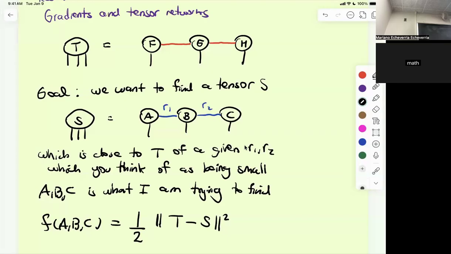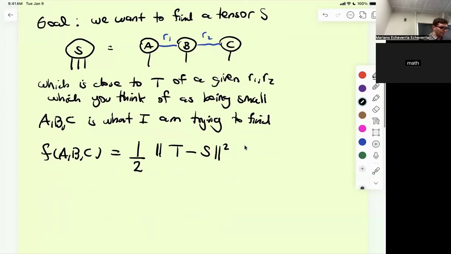How would you define the magnitude of those tensors? Okay, in the same way as you do it for vectors, with the inner product between tensors. So I was actually about to write it.